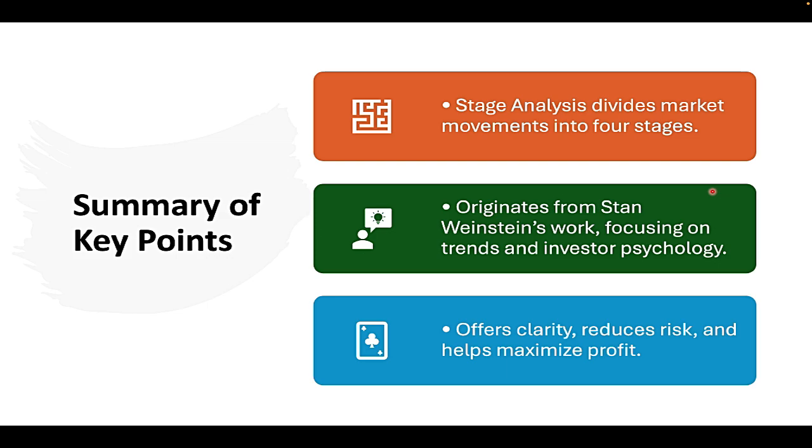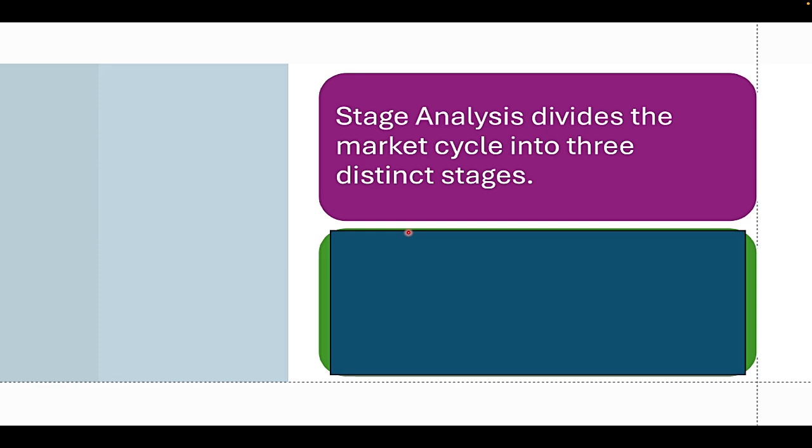Stage 3 is the consolidation on the top, and stage 4 is the downtrend. The method is based on Stan Weinstein. It focuses on trend and investors' psychology. It offers clarity, reduces risks, and helps you maximize profits.